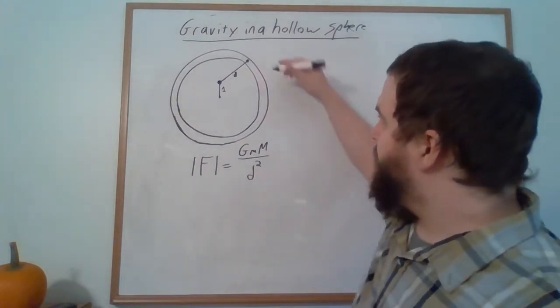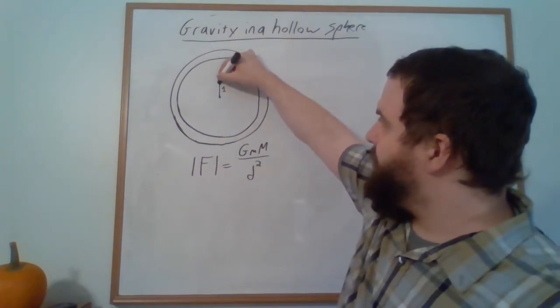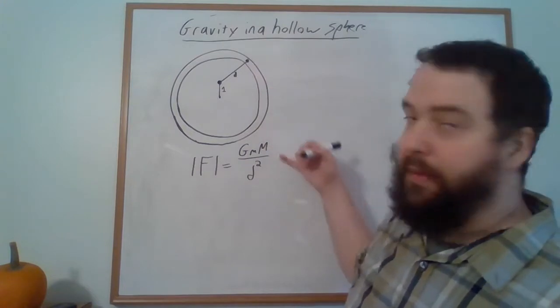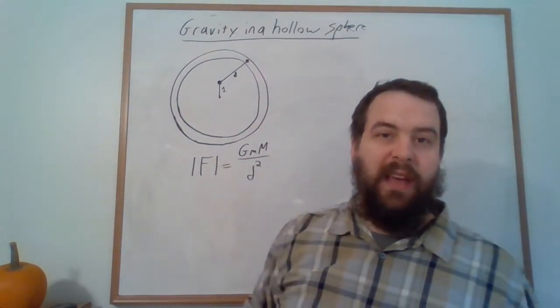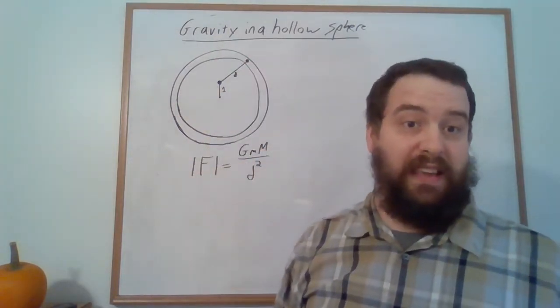And the mass of this point will let be little m, and the mass of this point here will let be big M. The mass of this point here is going to be the density of the spherical shell times dV.